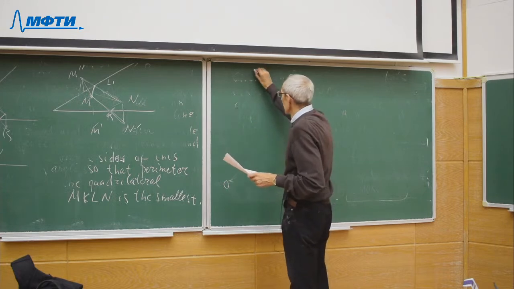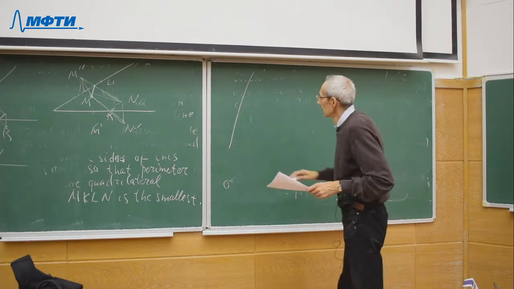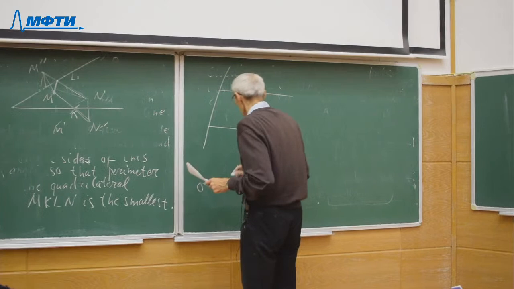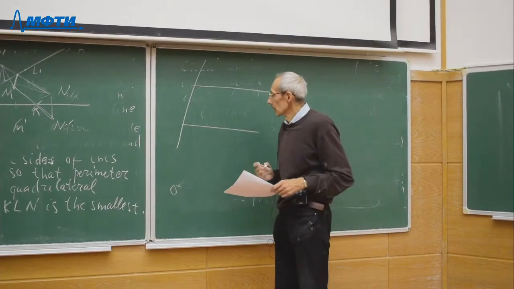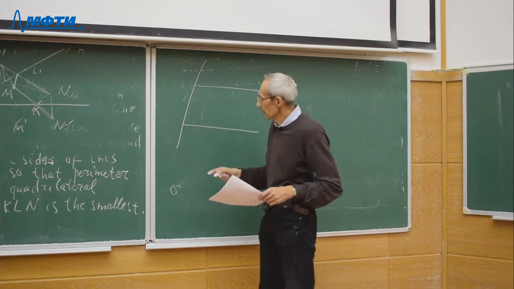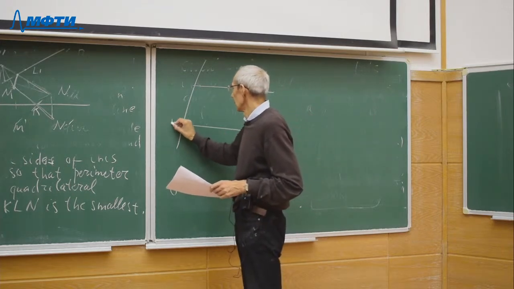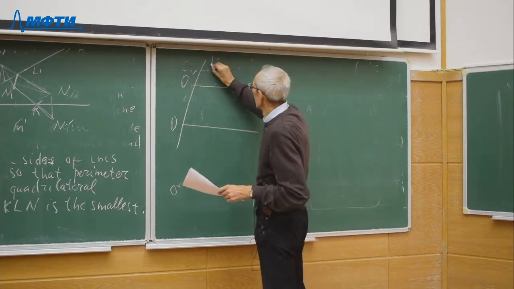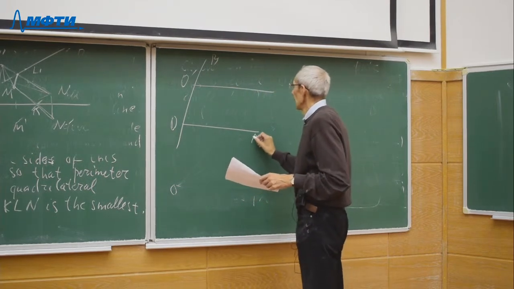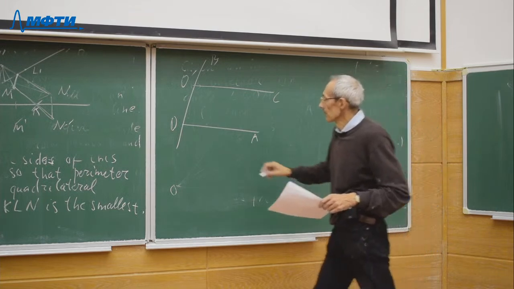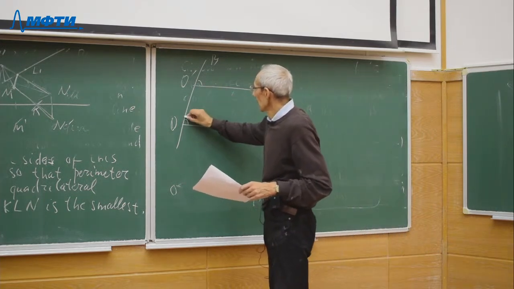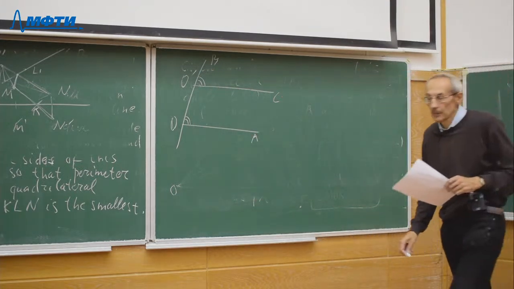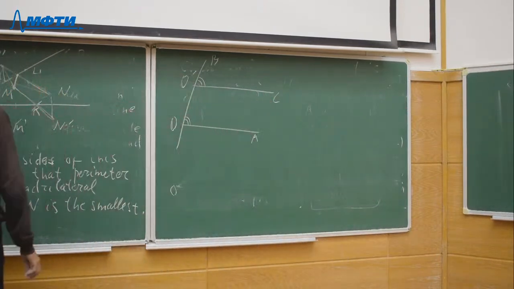First, if we have one straight line and two parallel straight lines which cross the first straight line in points O prime and maybe B, A, C, the first proposition is that these angles are equal. We can use such an assertion.